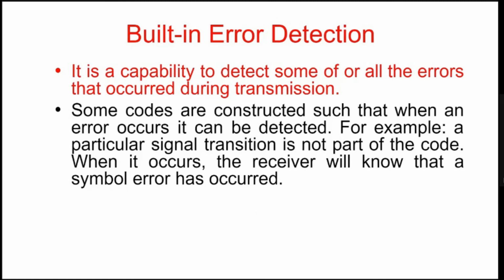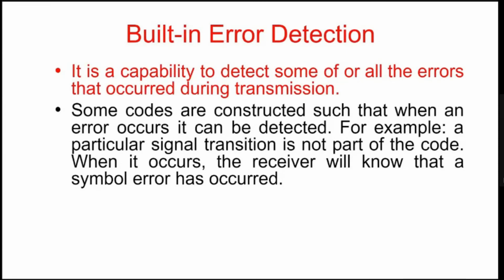Sir, how is it detected? Some codes are constructed such that when an error occurs, it is automatically detected. For example, a particular signal transition is not part of the code. When it occurs, the receiver will know that a symbol error has occurred.